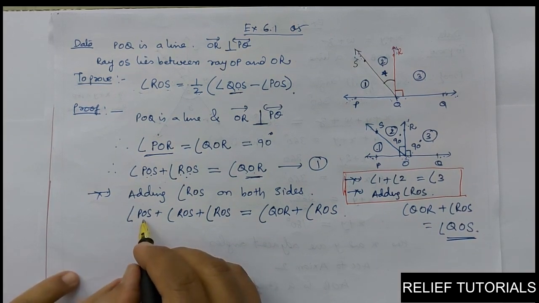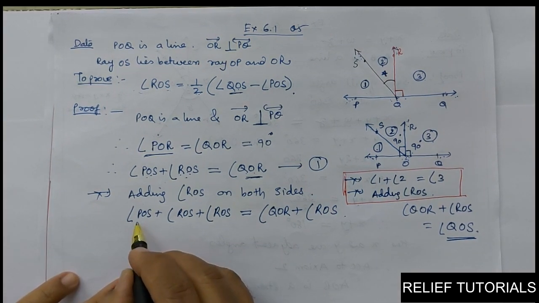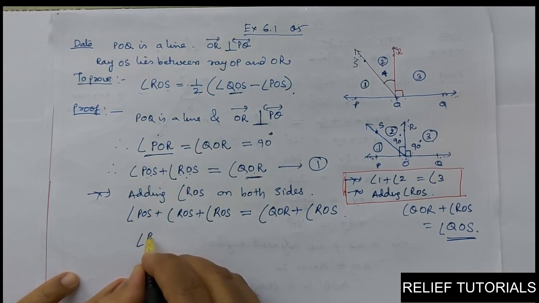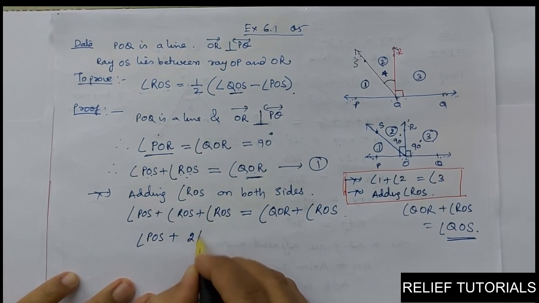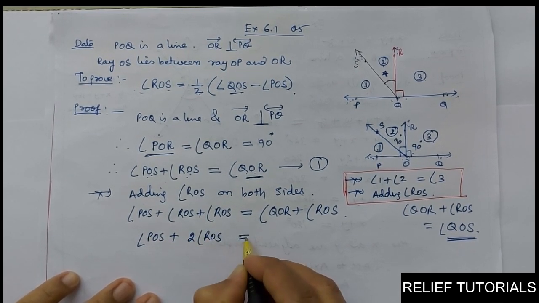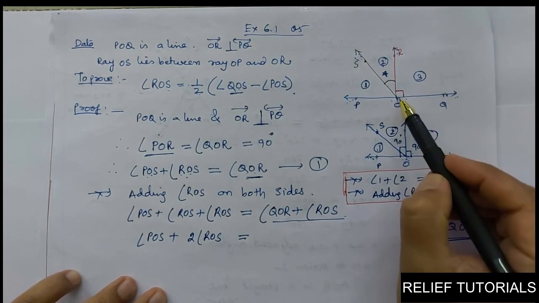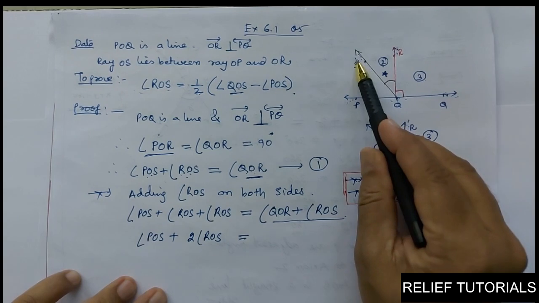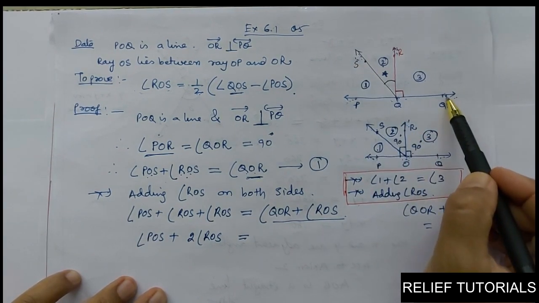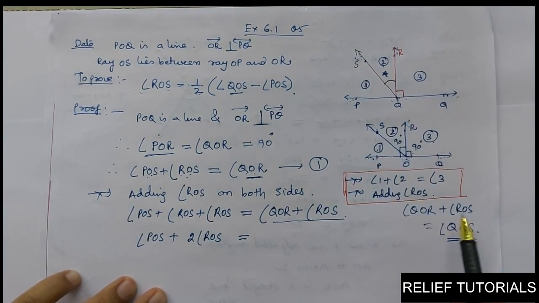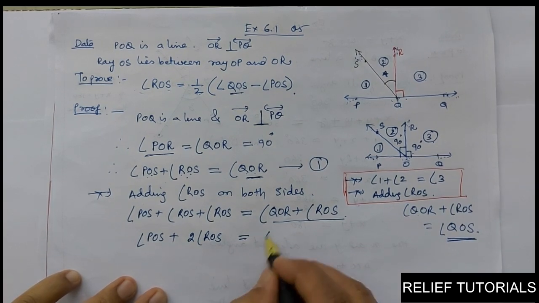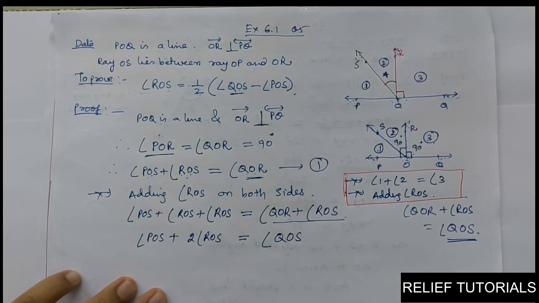Now see what you will get. POS plus 2 times angle ROS is equal to, now I told you, QOR plus ROS. See here, QOR plus ROS will give you QOS. So I can write angle QOS.